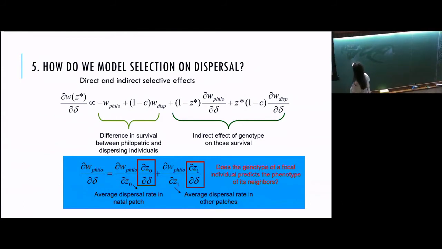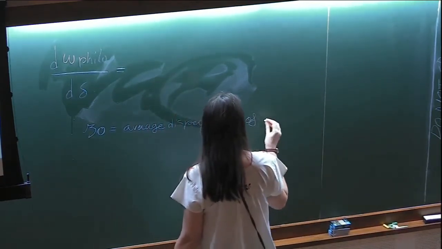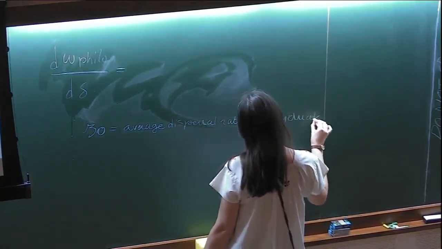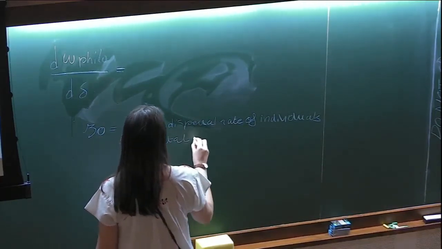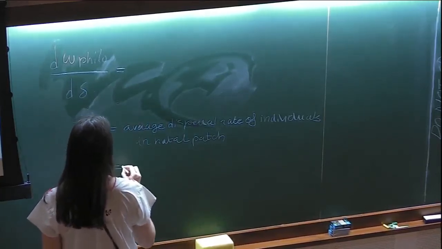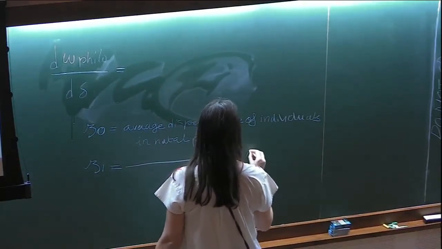And so if I write Z0 as the average dispersal rate of individuals in the natural patch, and Z1 as the same in other patches.